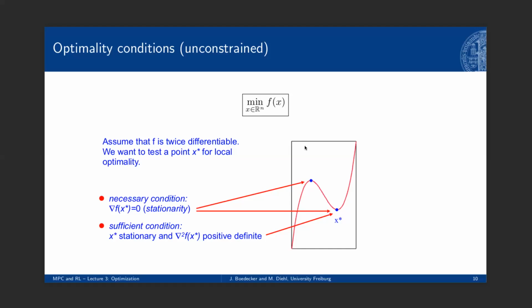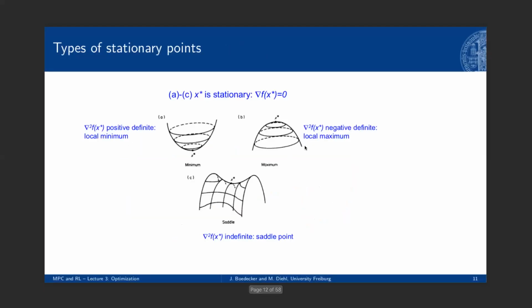And I think this is illustrated here in these 3 plots. You can have different stationary points, so flat points, but left is what we really like, minimizers, right? Positive definite means positive curvature. But then B is a maximum, right? So then we have a negative definite matrix. It's also sometimes useful to know, right? So all eigenvalues negative, looks like a hill, like Schauinsland or something, a nice mountain here.